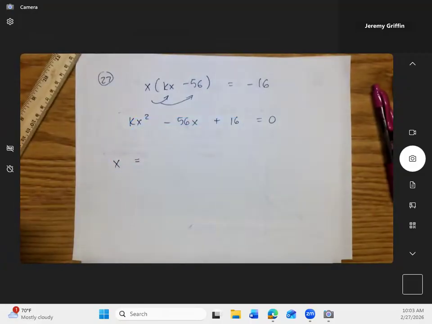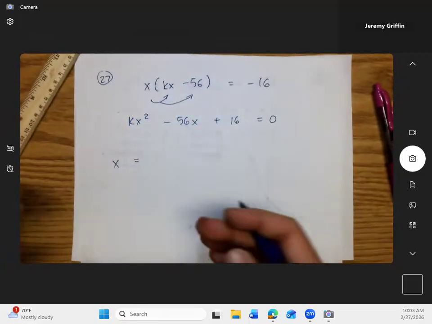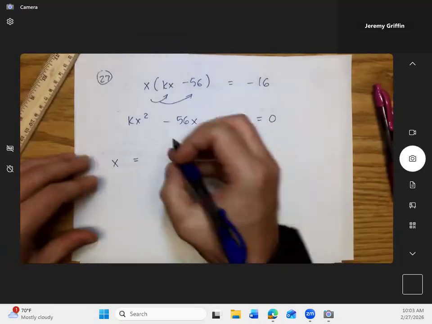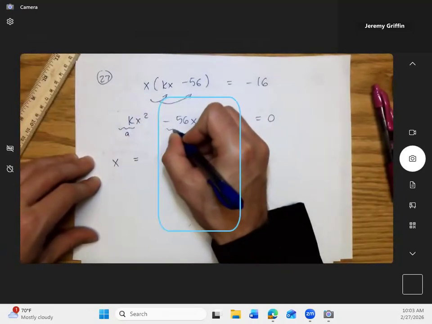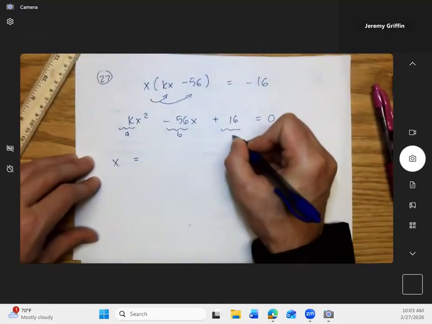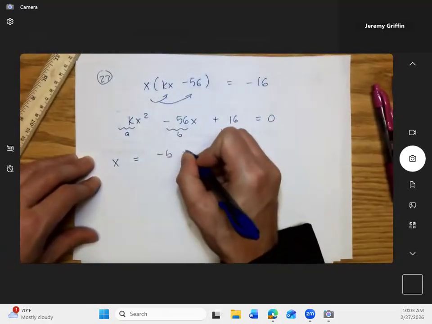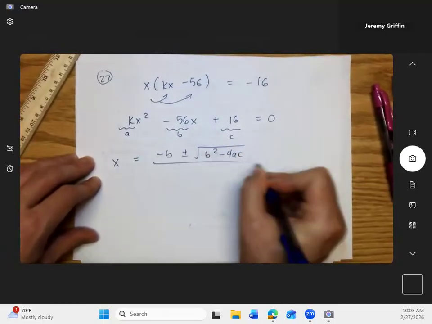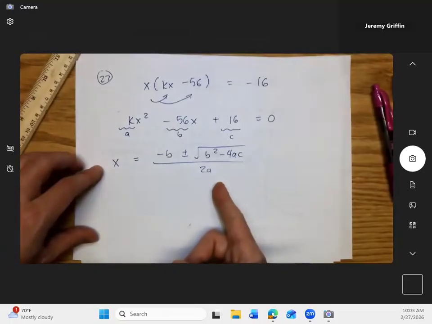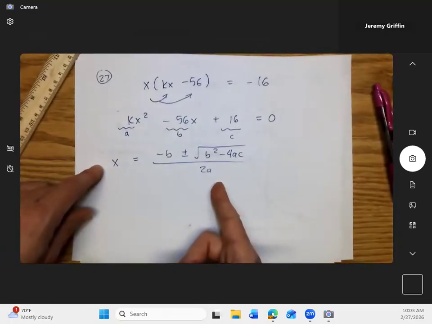This is probably a good one to have memorized going into the SAT. It might be handy, like it is right now. So if this is A, this is B, and this is C, you got negative B plus or minus square root of B squared minus 4AC, all divided by 2A. That's not too bad to memorize, is it?